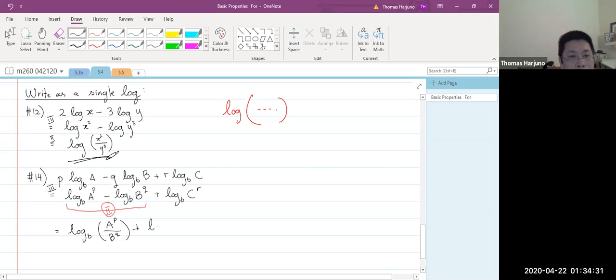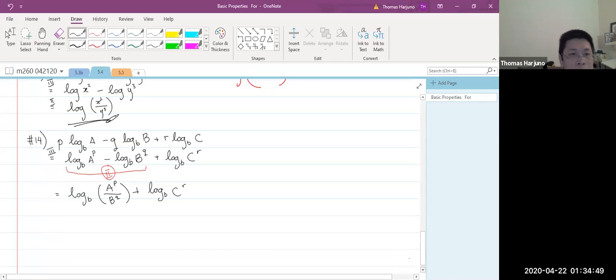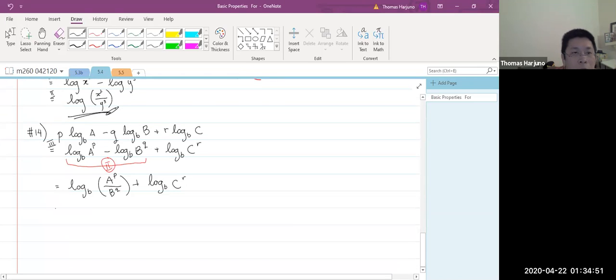Right? Rule number 2, property number 2, difference of logs is log of quotient. And then using property number 1, because now we have sum of logs, sum of logs is log of product. A to the p over b to the q times c to the r.